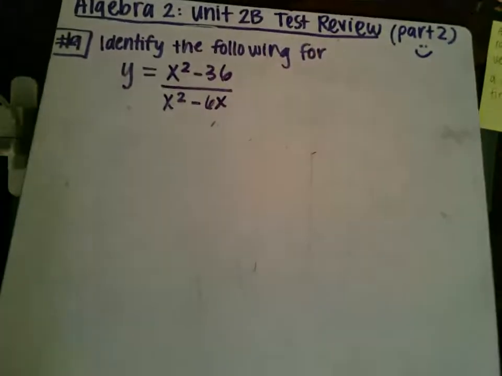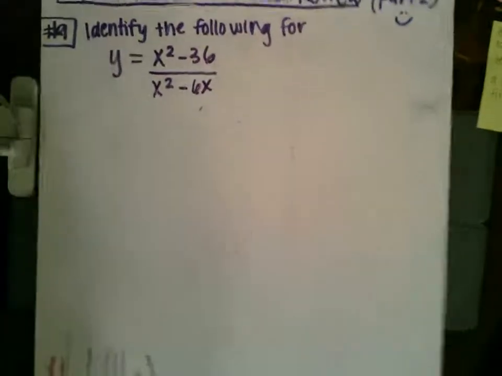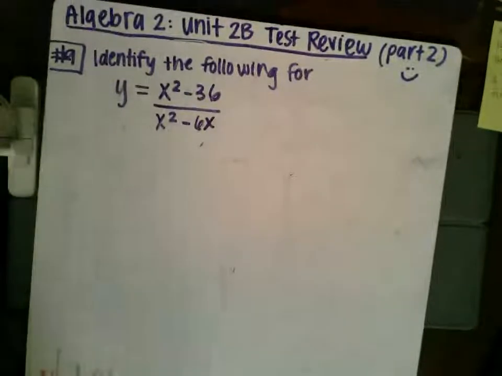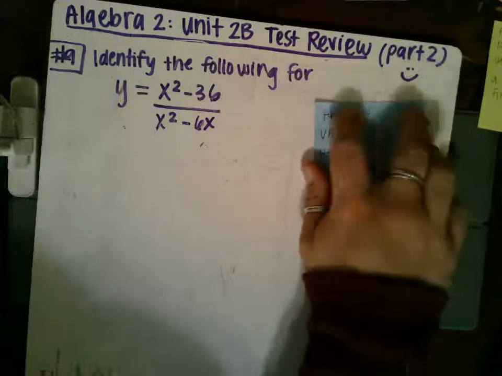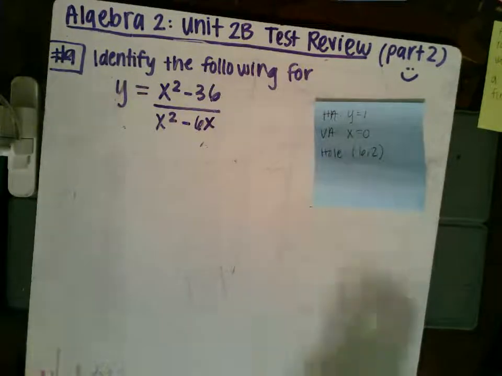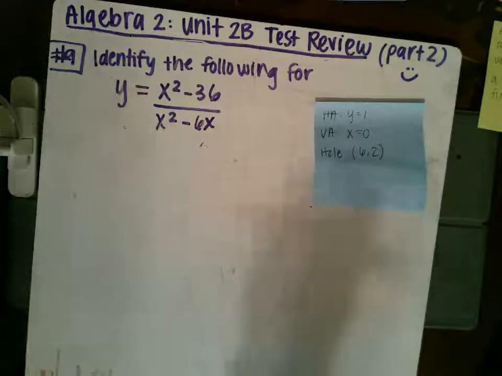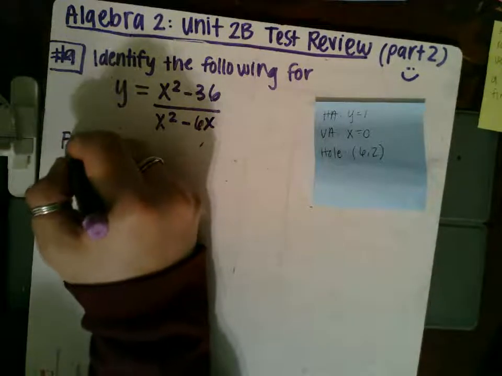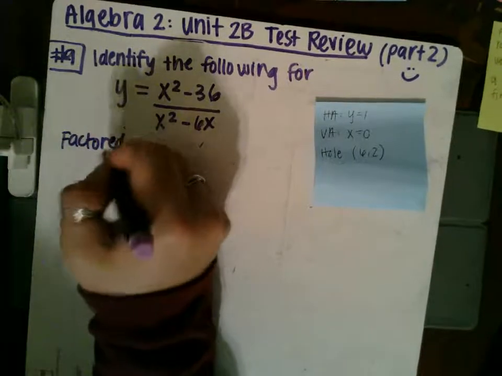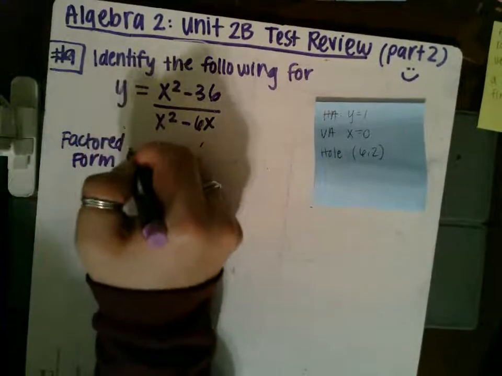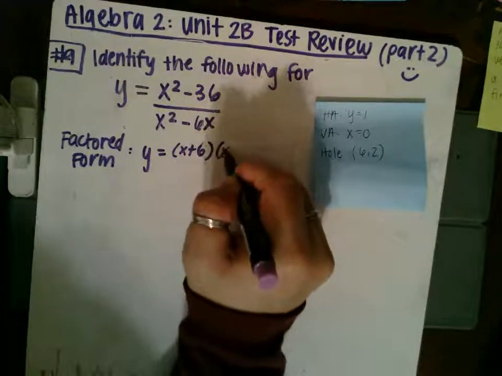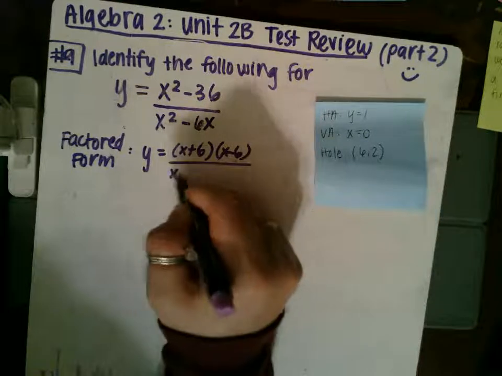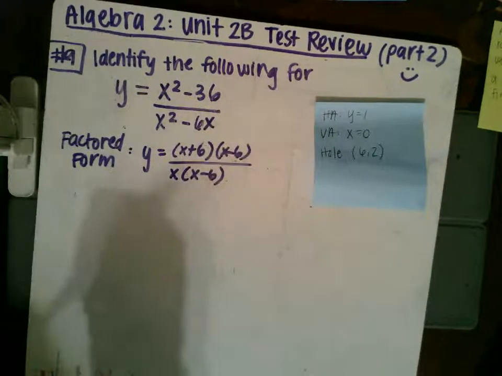So again, we were identifying the following for this equation. We found that our horizontal asymptote was y equals 1, our vertical asymptote was x equals 0, and we have a hole at the point 6, 2. Our factored form, I shouldn't have erased it, was y equals x plus 6, x minus 6 over x times x minus 6.